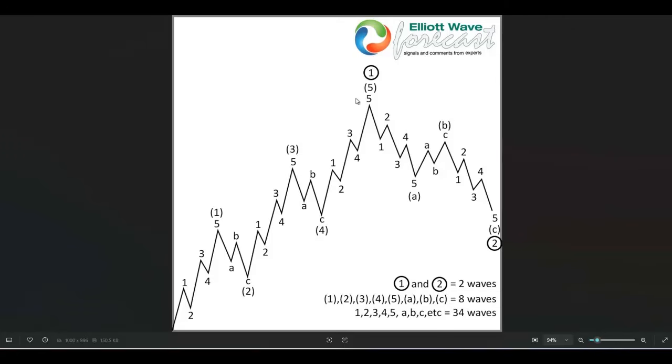Any question, Jonathan, Rita, Ruan, Manish, everyone? Everyone understand, right? You got 5 waves. After the 5 waves, you have 3 waves back. Everyone?